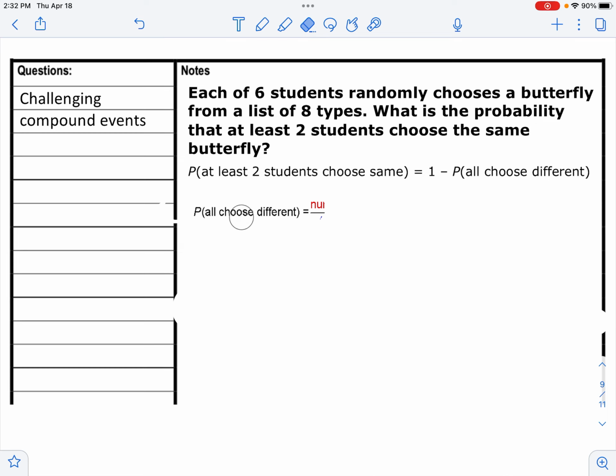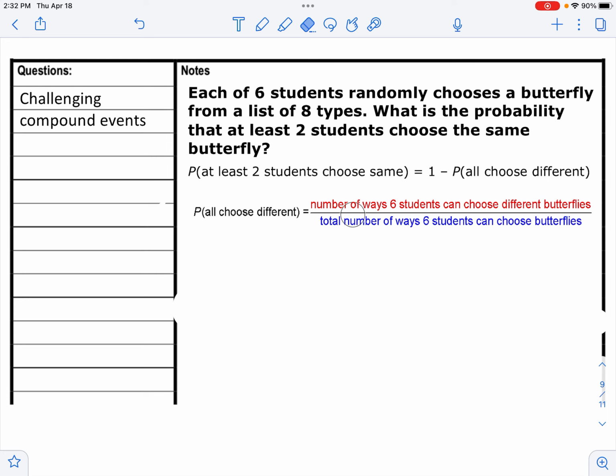The probability that they all choose a different one would be the total number of ways 6 students can choose different butterflies over the total number of ways 6 students can choose a butterfly, period. So let's start with the bottom number. Okay, the first student has 8 possibilities.